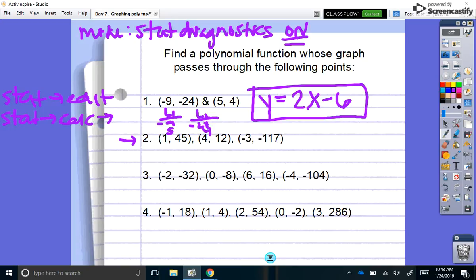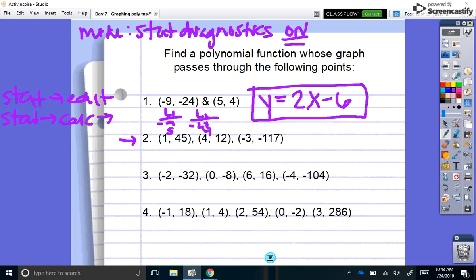Go to stat, edit, in list 1, type in 1, 4, -3. In list 2, type in 45, 12, and -117. Then go to stat, calculate, linear regression. And do you see for linear regression, your r squared value is 0.64789. So it's not linear. So let's try it again. Same numbers.